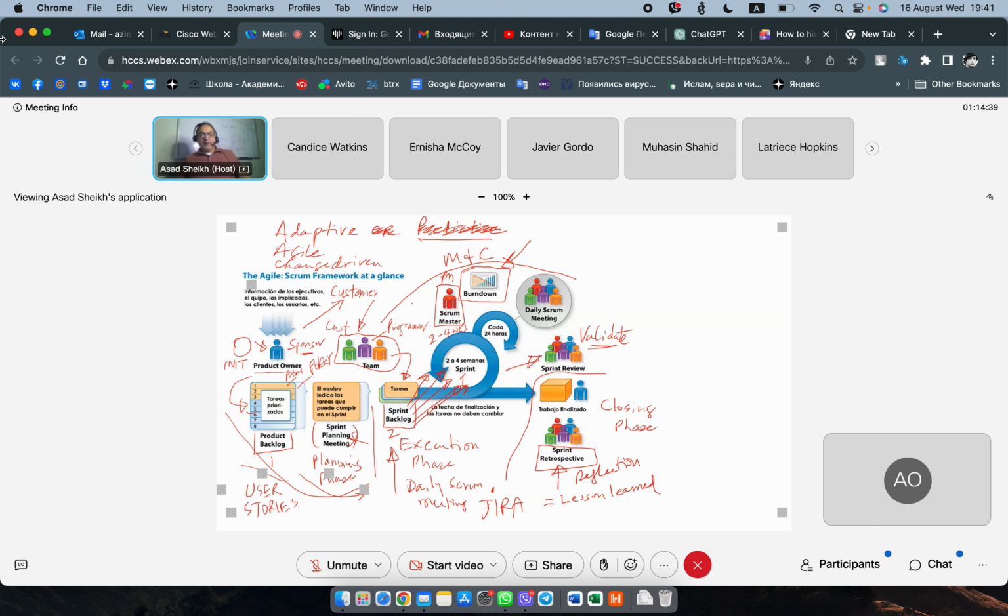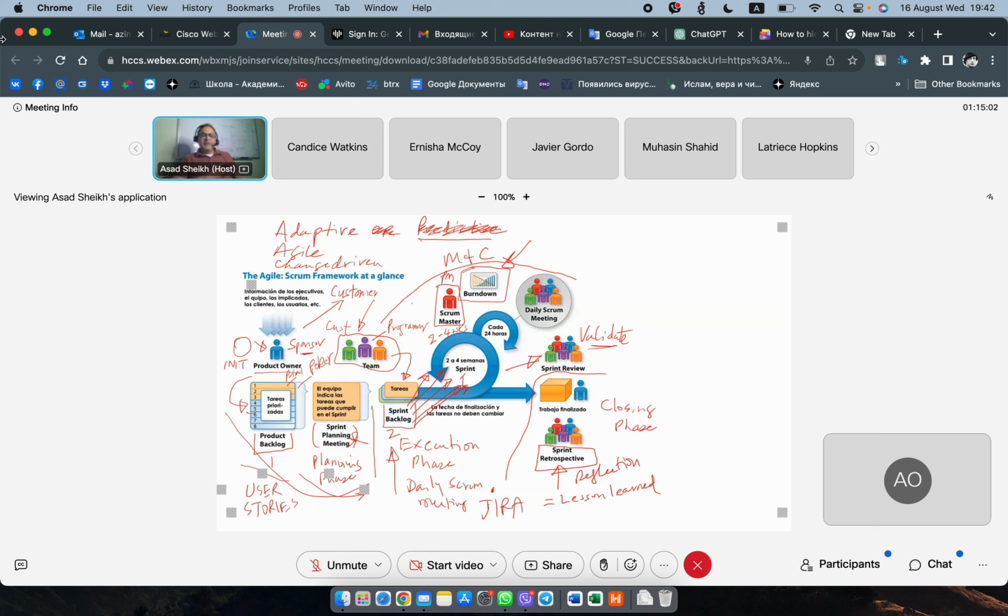That's what they call it, retrospective. And here again, you're looking at the positives and negatives, and then for your next sprint, you're going to take on what you've learned, and hopefully improve the process for the next sprint if there was something you were lacking in.